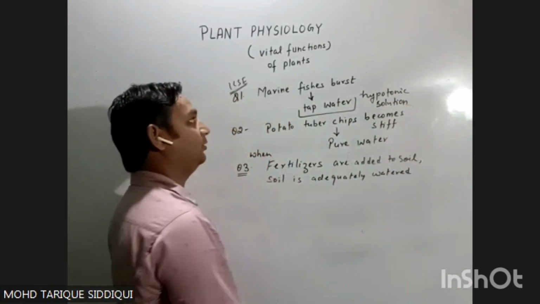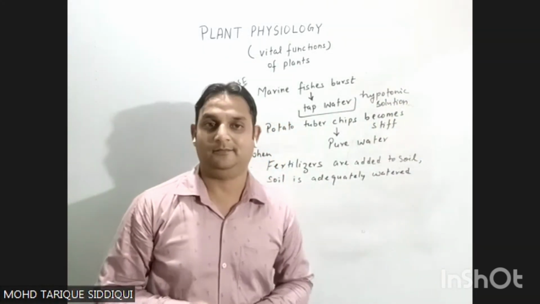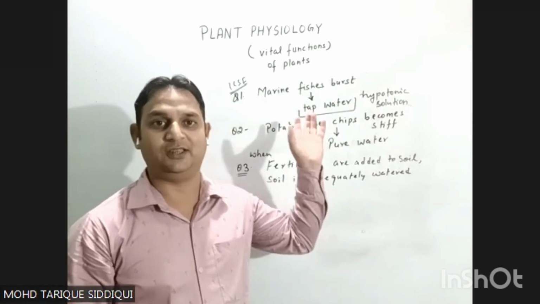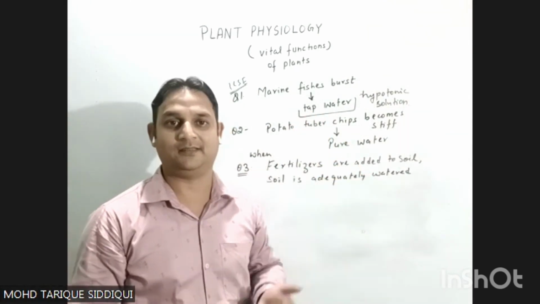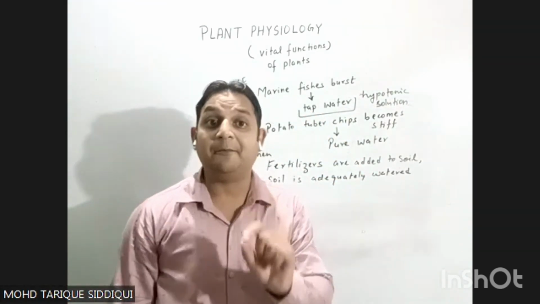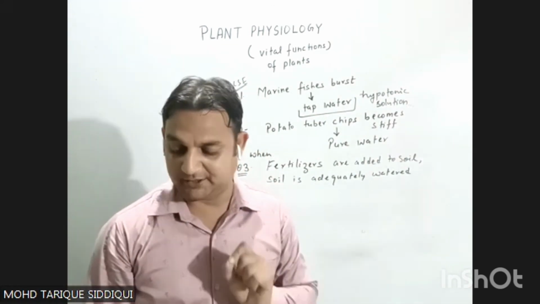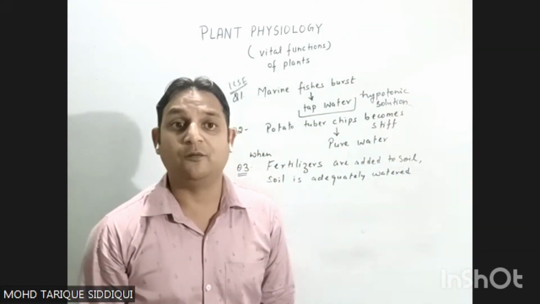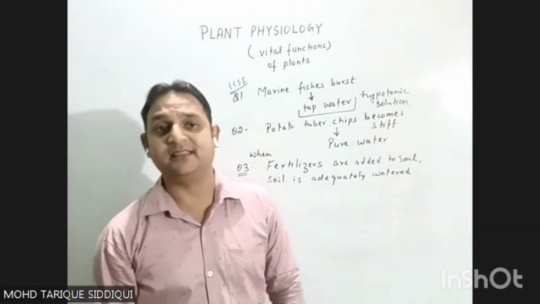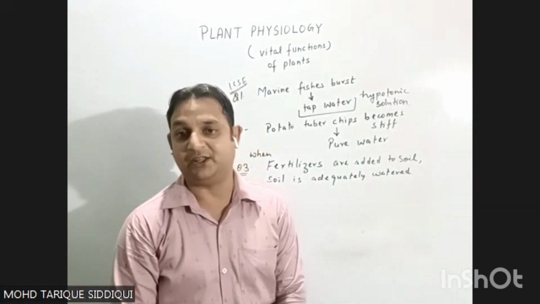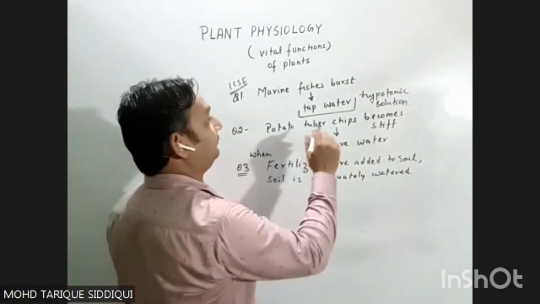I have already told you, animal cells burst. Marine fish, animals, burst. Write it: tap water is a hypotonic solution. Therefore, water enters into the body of the fish by endosmosis. This is a keyword. Without this, you won't get marks.